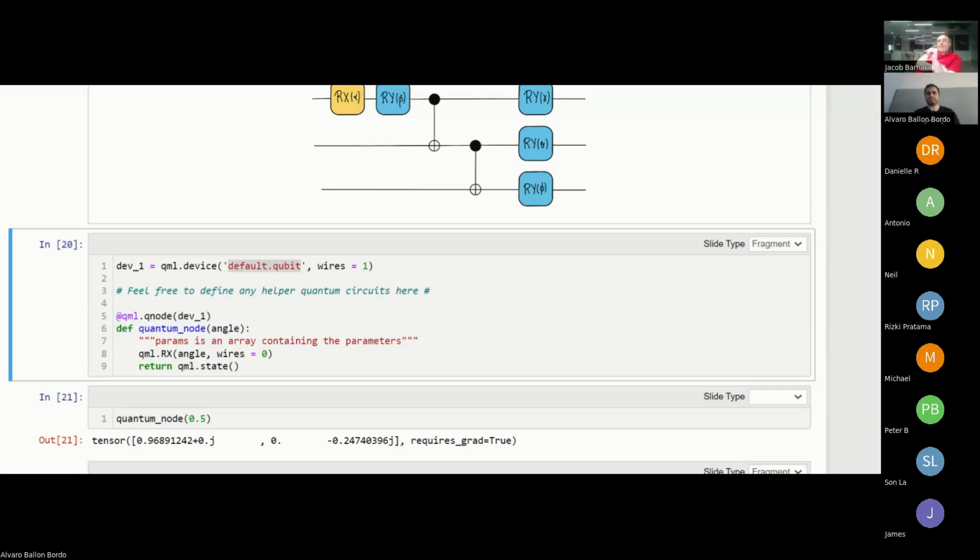Basically, this is not related to quantum computing.